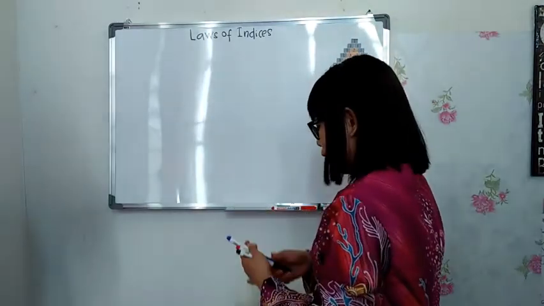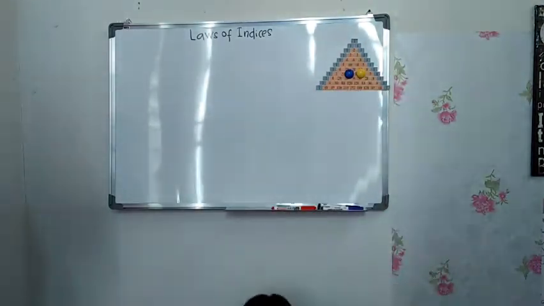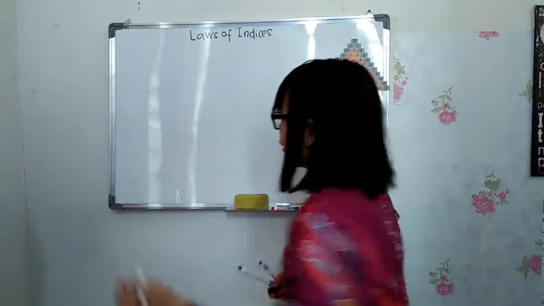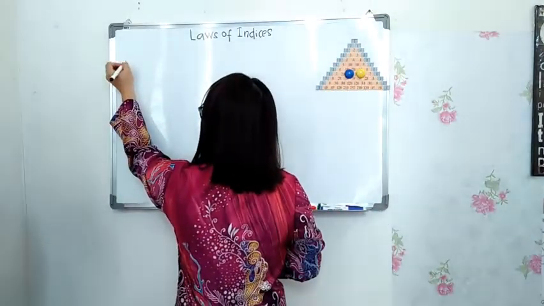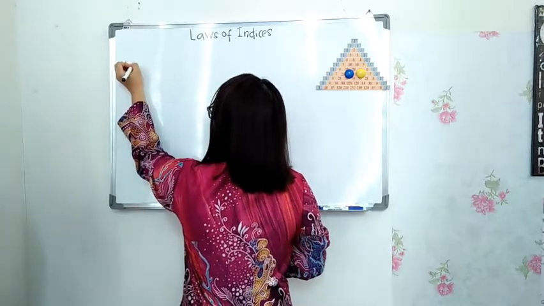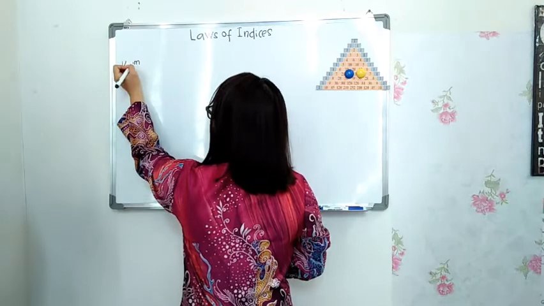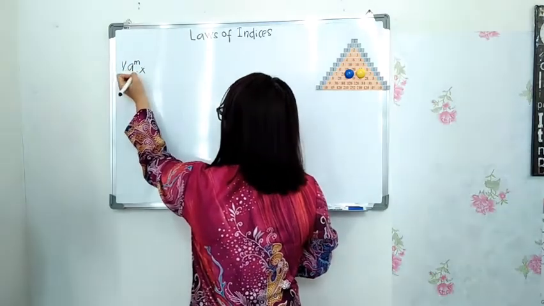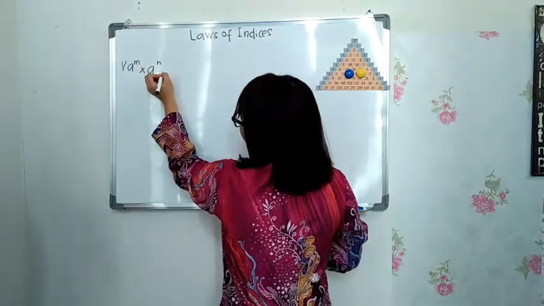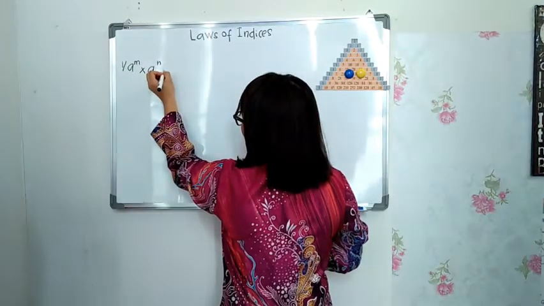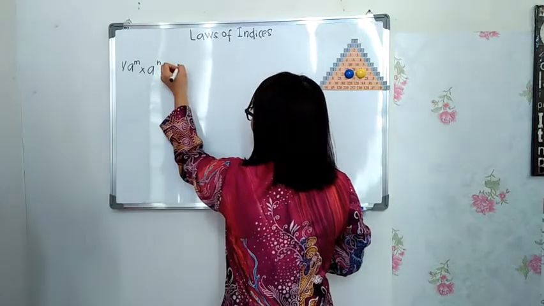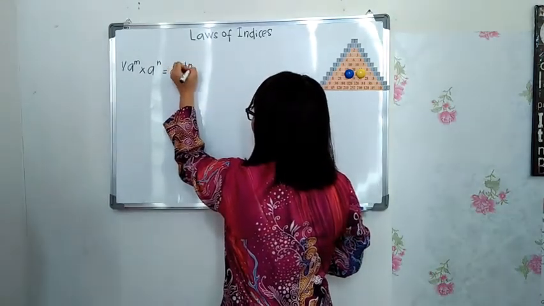The first one is a to the power of m multiply a to the power of n equals a to the power of m plus n.